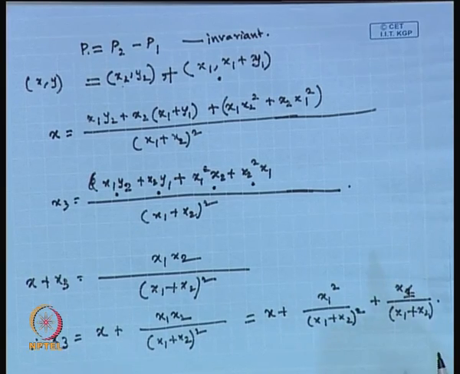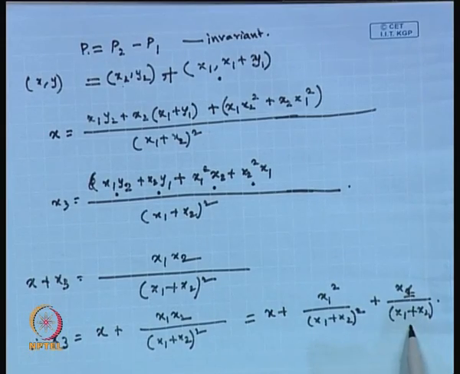Now, what is the advantage of doing this in this fashion? How many inversions do you need to do? You need to do one inversion because you need to compute 1 by (x1 + x2), and how many multiplications? You need to multiply with only x1. So, I basically do a 1 by (x1 + x2), that is one inversion. I multiply it with x1, that is one multiplication, and then I need to do a squaring.